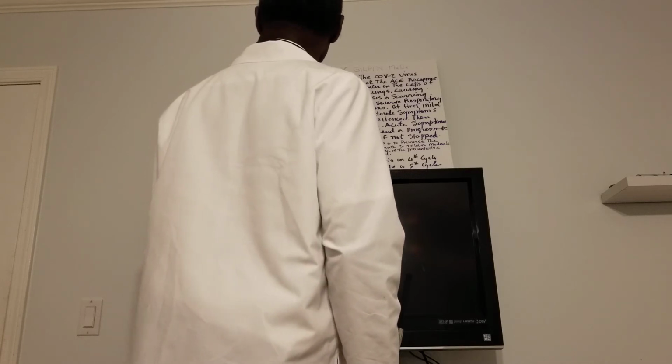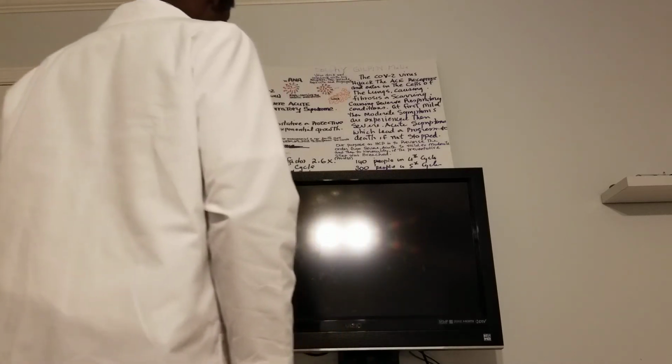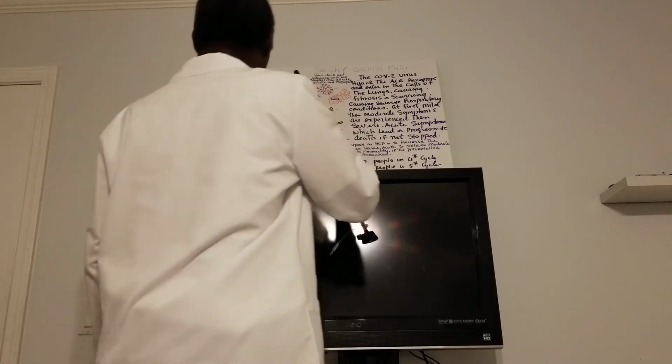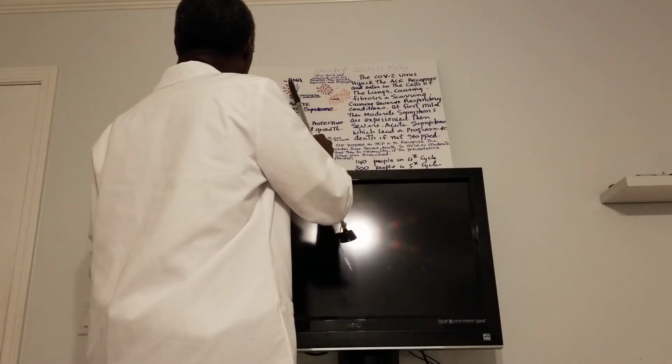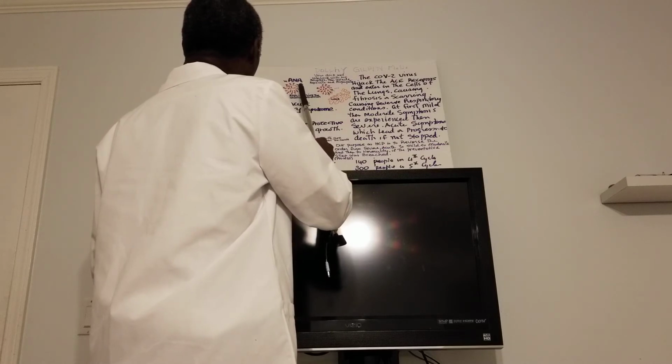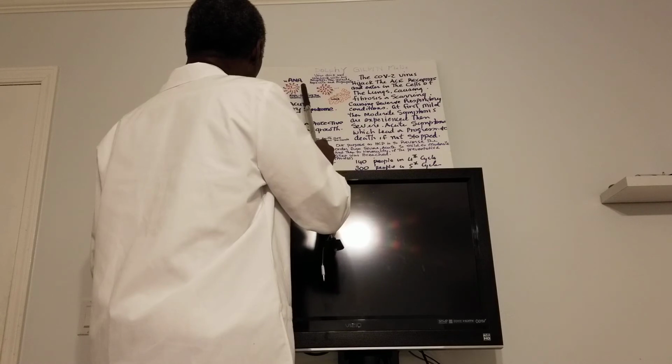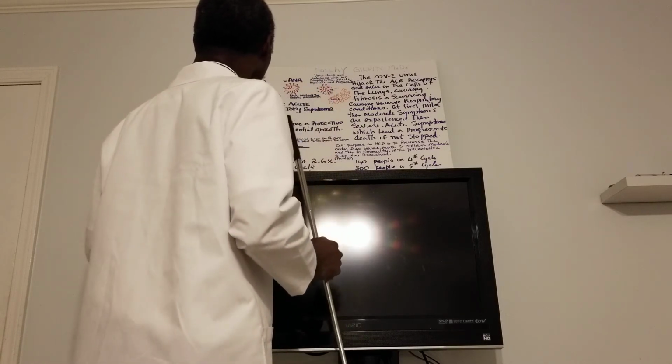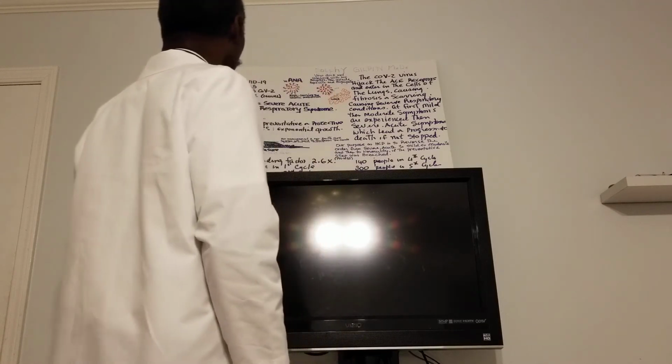And we have 3 types of RNA: the mRNA, the tRNA, the transfer RNA, and the rRNA, which is ribosomal RNA, which is ribonucleic acid.